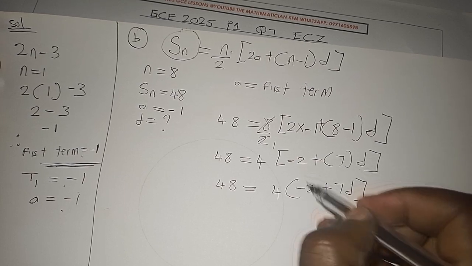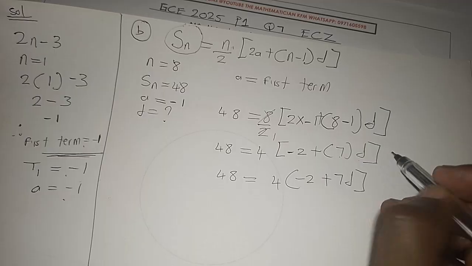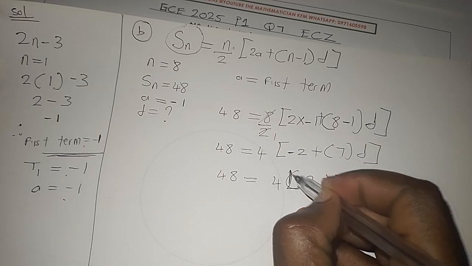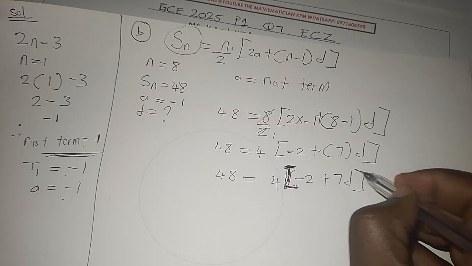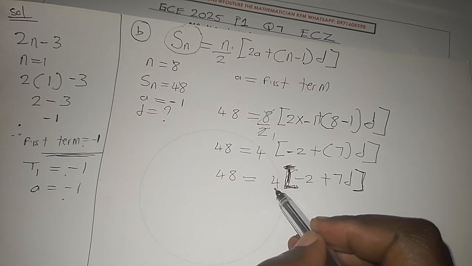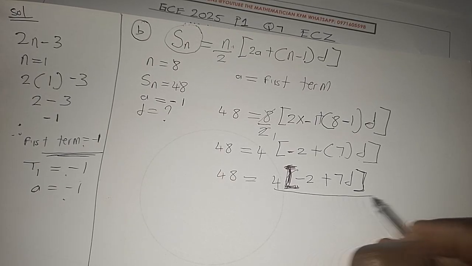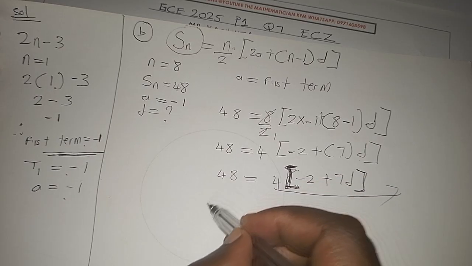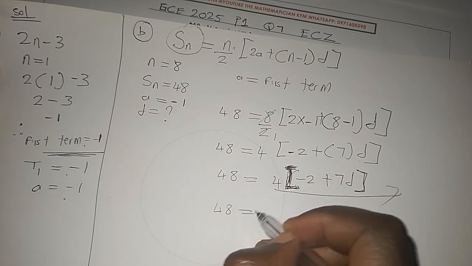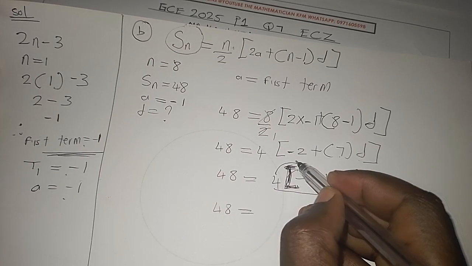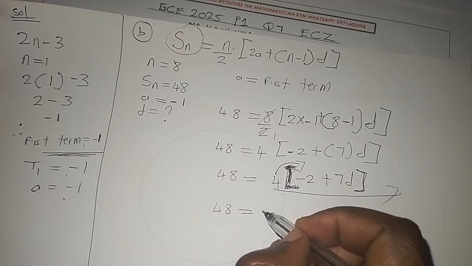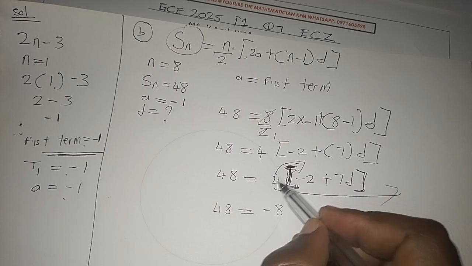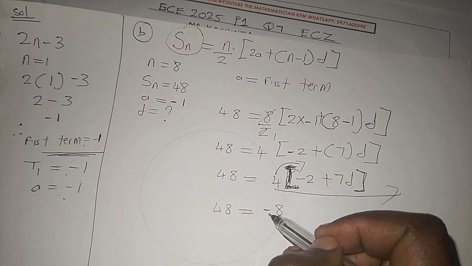Now from here we are going to multiply with everything that is in the bracket. So this is the bracket. These brackets mean that whatever number is outside, you have to multiply it throughout. So 48 is maintained, then 4 times -2 is -8.